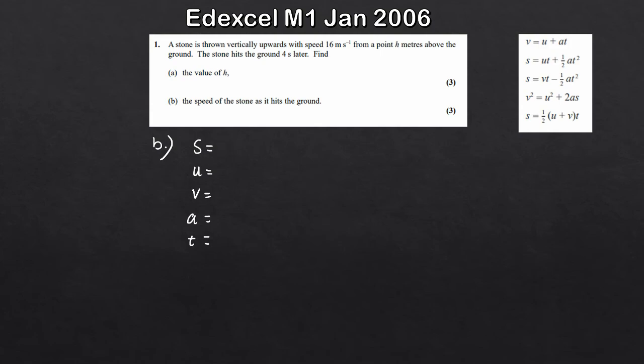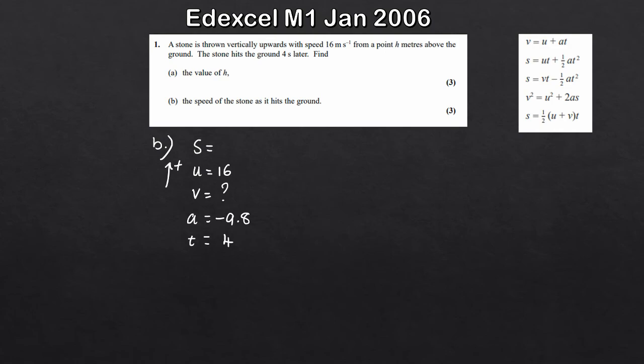We know U, our initial speed is 16. What we want to work out is the final velocity, the speed as it hits the ground, so that's what we're going to work out. So we put a question mark there. Again, taking positive to be upwards, A is minus 9.8. And then T, in this case, it hits the ground 4 seconds later, so T will be 4. So we've got U, V, A and T.